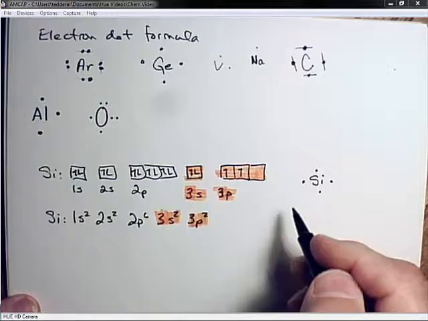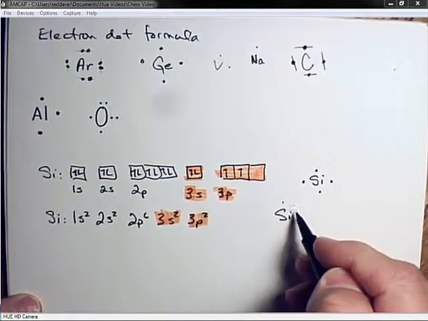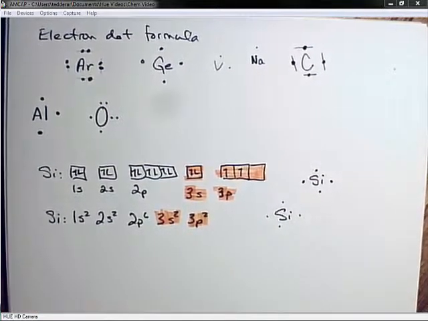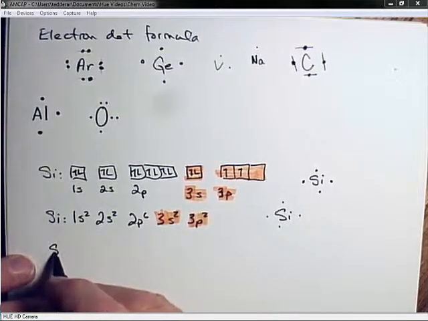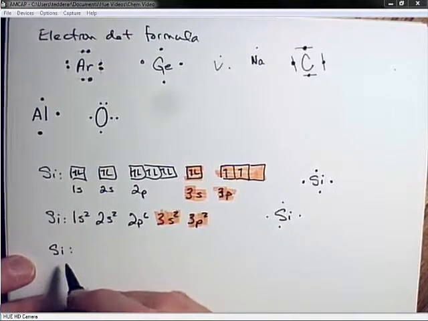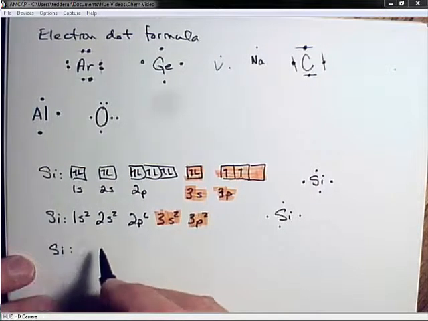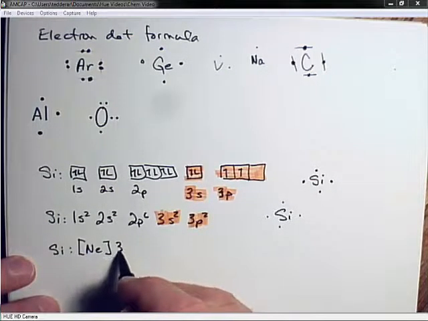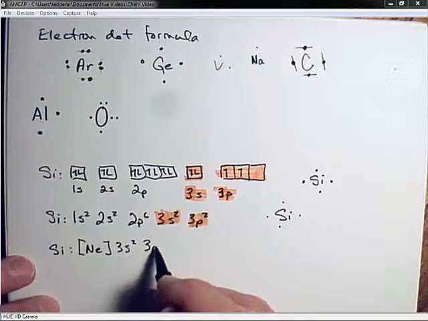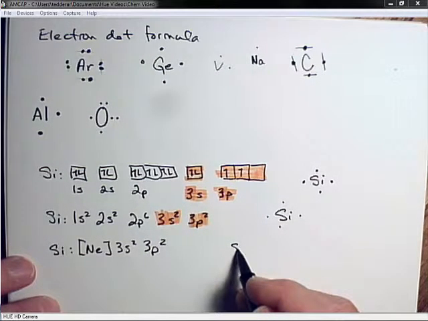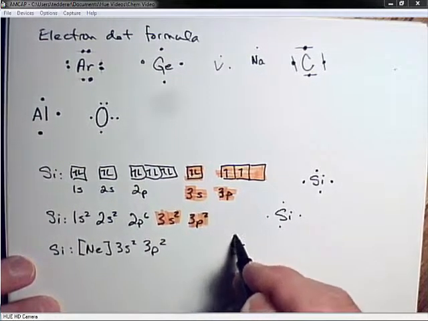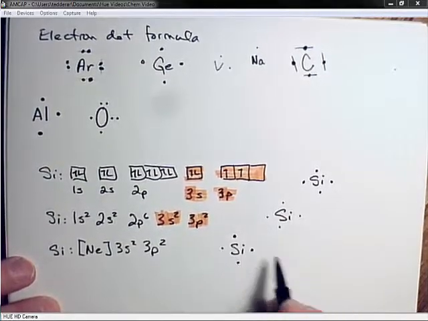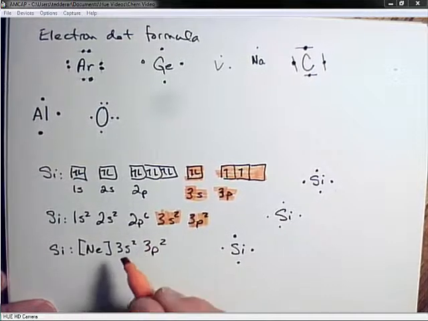So again, I've got this electron dot formula. And the shorthand version of silicon's electron configuration, I want to use neon as the kernel. And I got 3s2 and 3p2. Again, 4 dots because I got 4 electrons in the highest energy level.